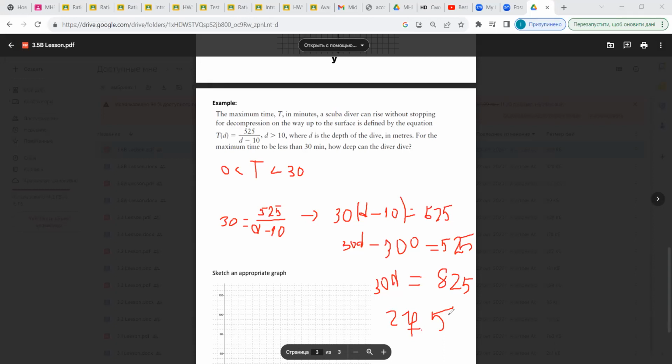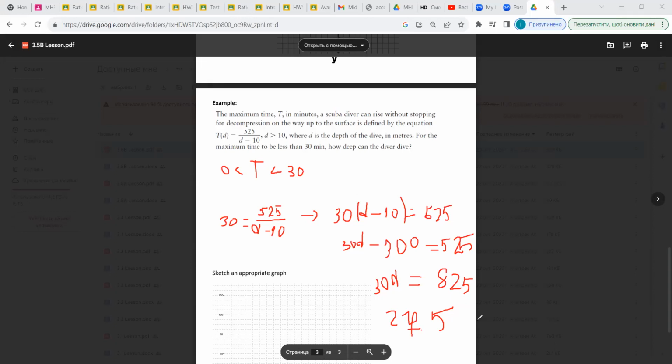meters. Basically, so at the depth of 27.5 meters, the maximum time the scuba diver can rise without stopping for decompression is 30 minutes.